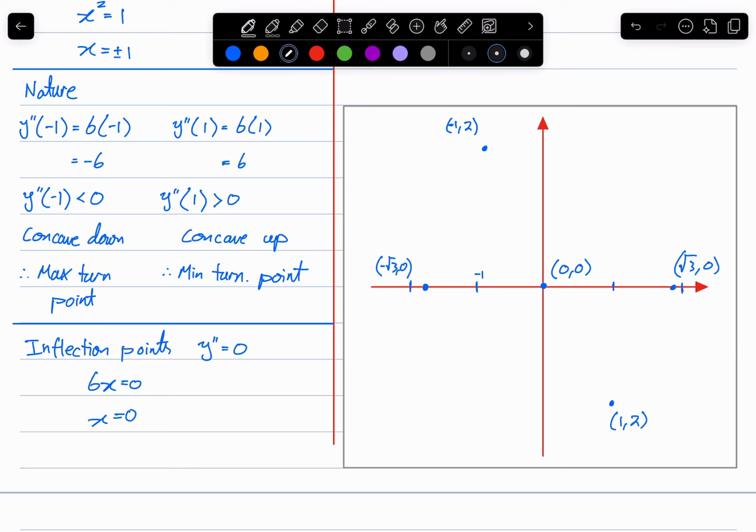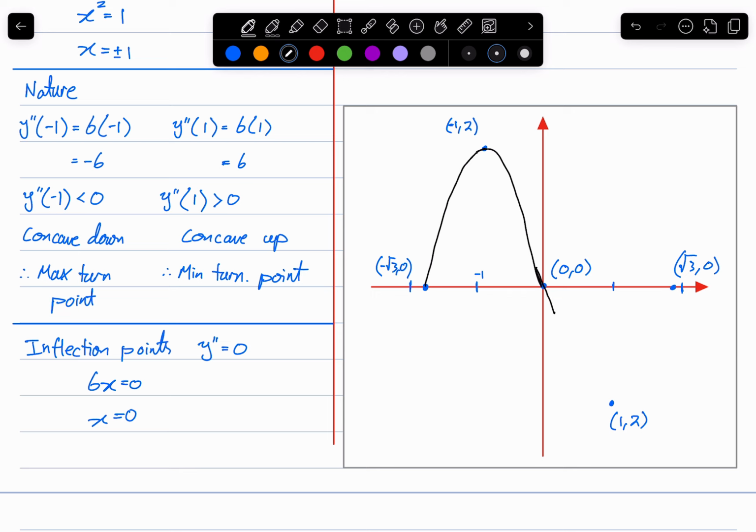So I hope you can see what this graph looks like. Using these points, we can see that the graph has to go up to this point here. Let's try that again. Definitely use a pencil for this in your exam papers. Going back down. There we are.